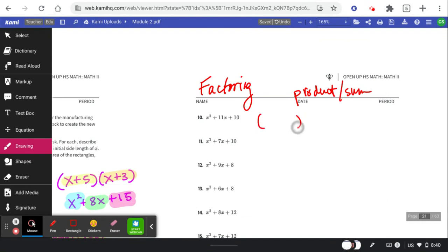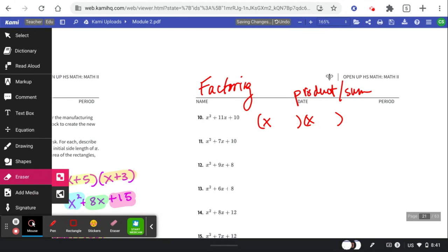Where we're saying what times what is going to give me this. So see how we need an x squared at the front? So x times x. We need a 10 at the end. Think of two factors that make 10. Well, I could think of 2 and 5, but those don't add up to the 11 in the middle. So what other factors can you think of that make the 11 in the middle?